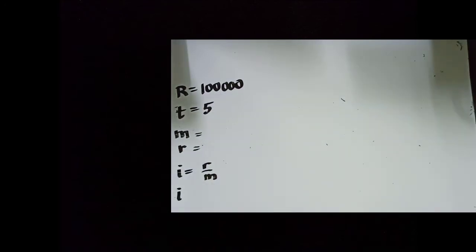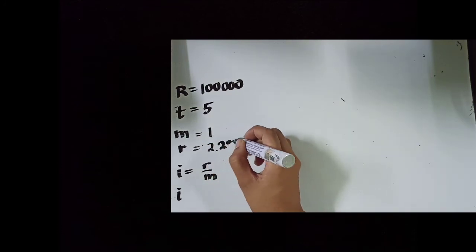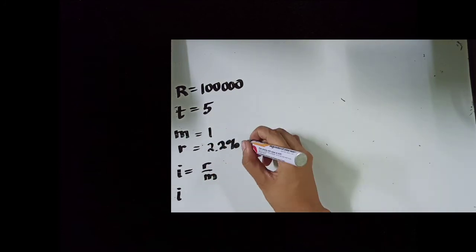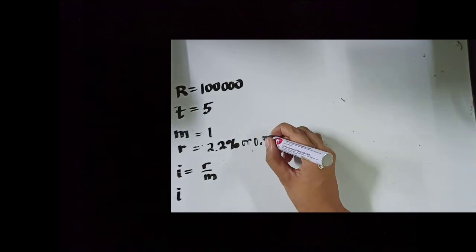How about M? What is the value of our M? The value for M is 1. Why? Compounded annually. Okay? And the interest rate per year is 2.2% or 0.022.